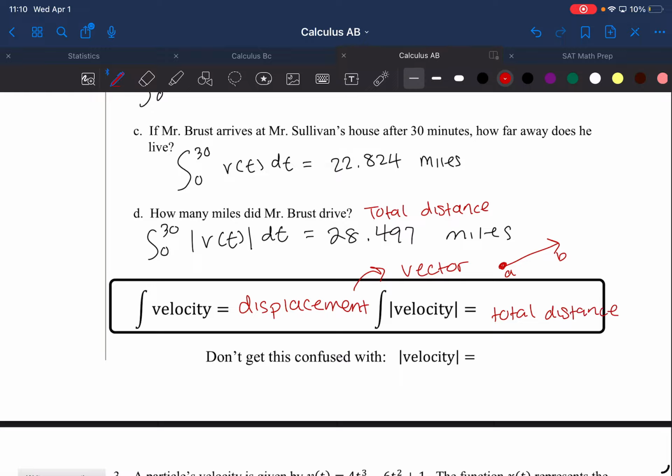This is completely different than the absolute value of velocity, which is speed. So really, total distance is the integral of speed, if you're connecting all three of these formulas.